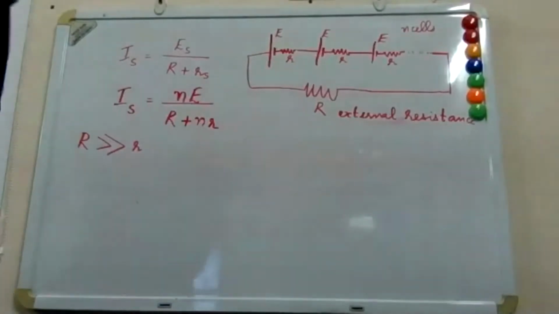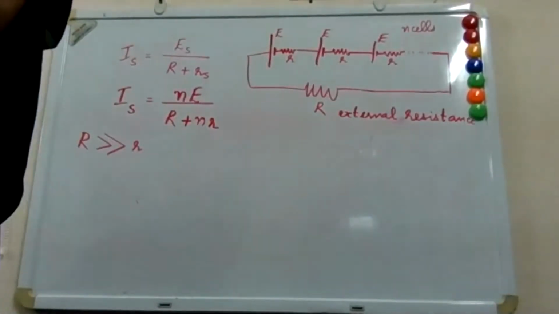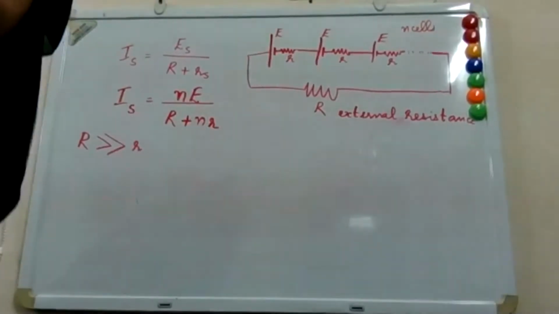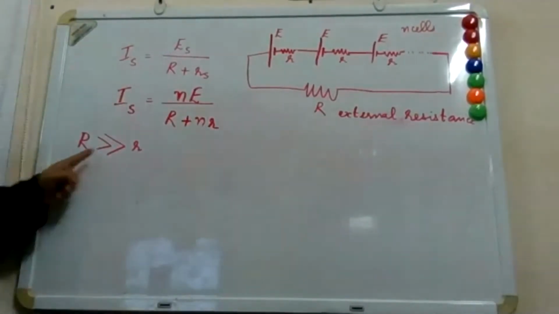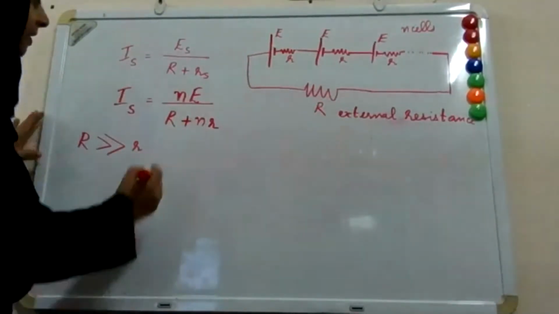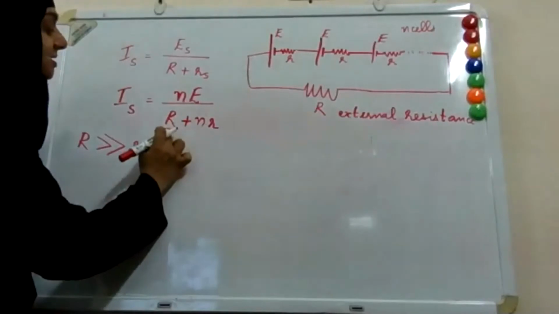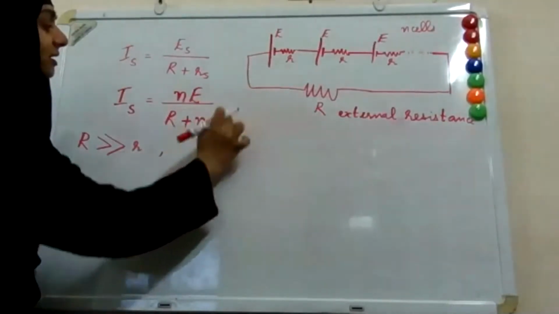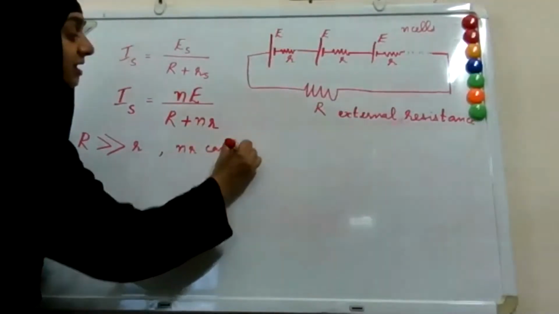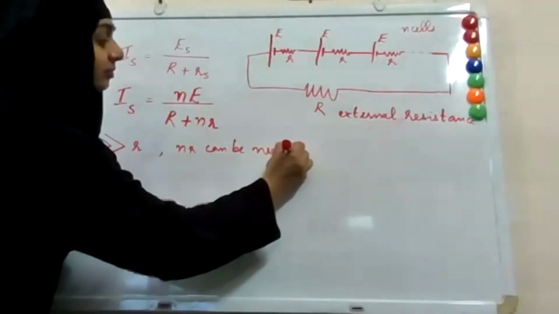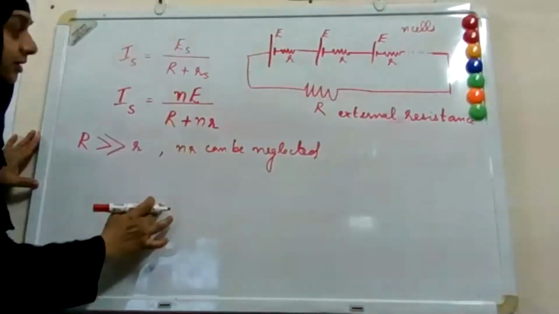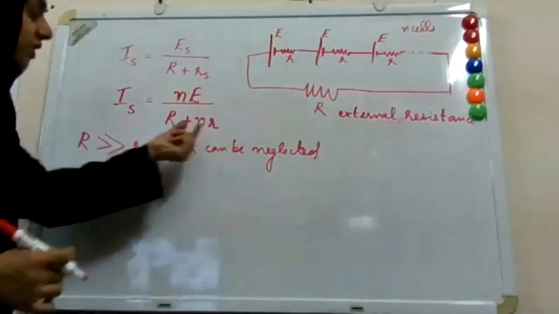If capital R is very much less than small r, what will happen? We can neglect this small r. nr can be neglected. Okay? So the value of nr will be very small.